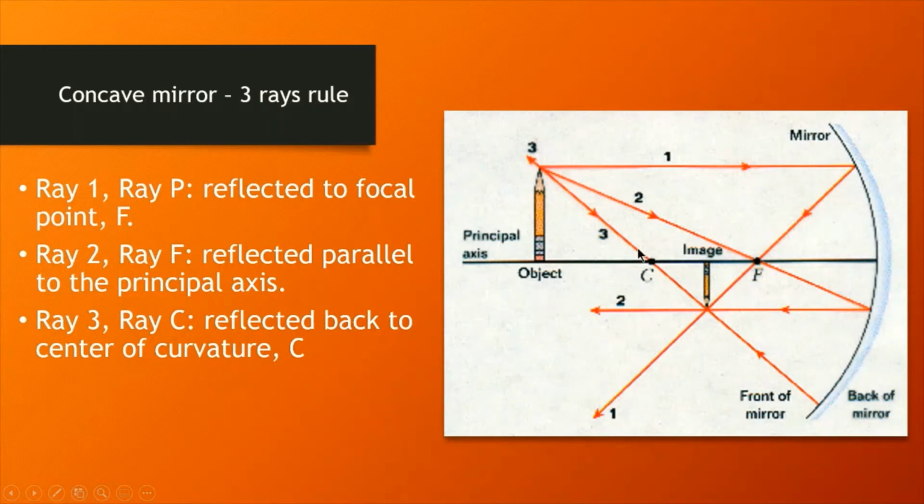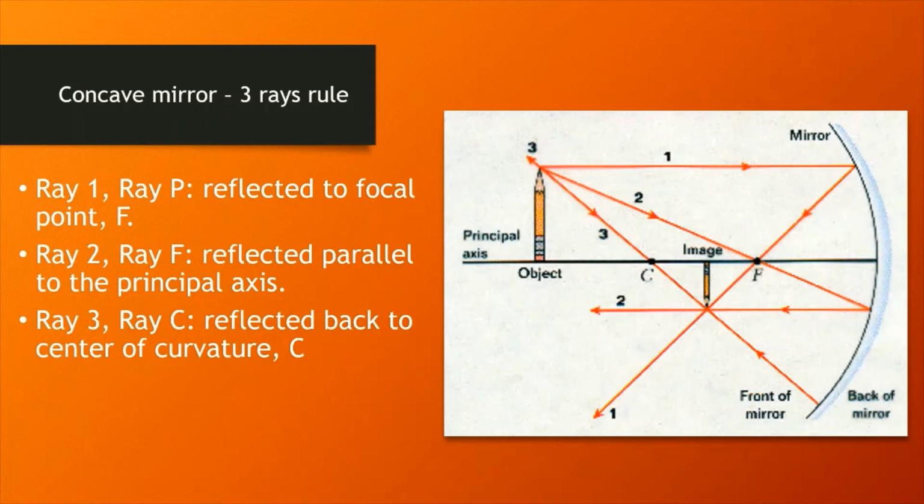Why is that so? Simply because the incident ray that passes through C will strike the mirror at the normal, right? Normal, which is at 90 degrees to the mirror. Meaning to say the incident angle i will be equal to 0. And from the law of reflection, when i equals 0, r will equal 0, where r is the reflected angle.